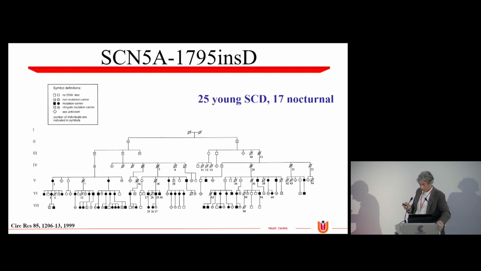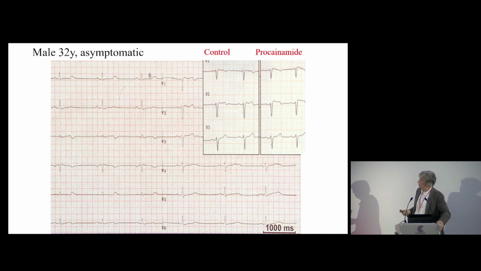We identified this variant in this pedigree, and this is an example of a 32-year-old asymptomatic male. This is the baseline EKG, where you will recognize the bradycardia and the QT prolongation. And if you look at the right precordial leads, there is some hint of Brugada pattern.